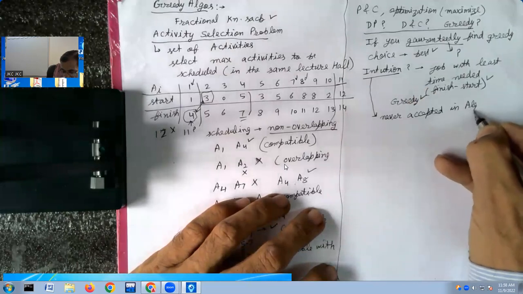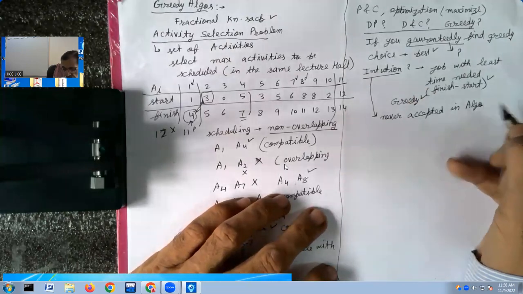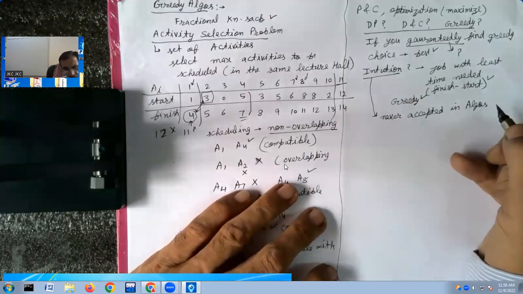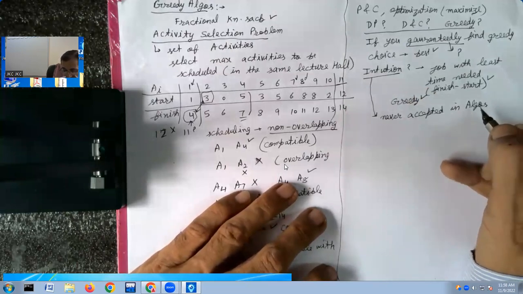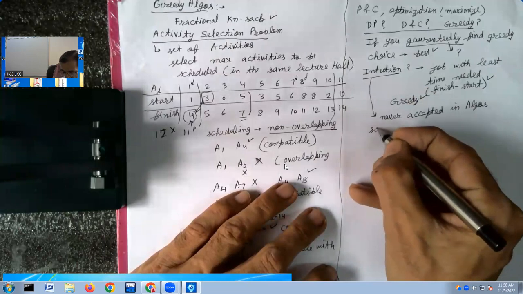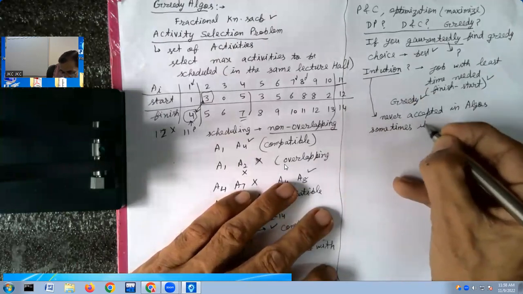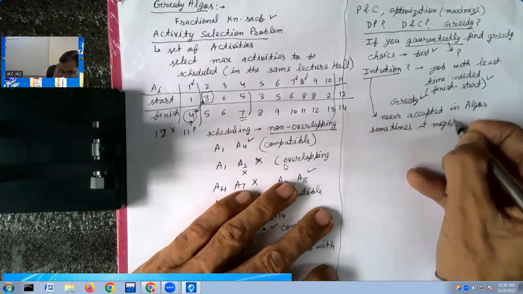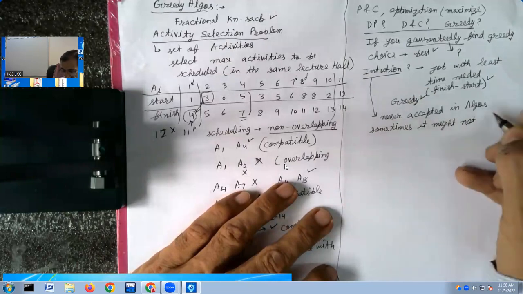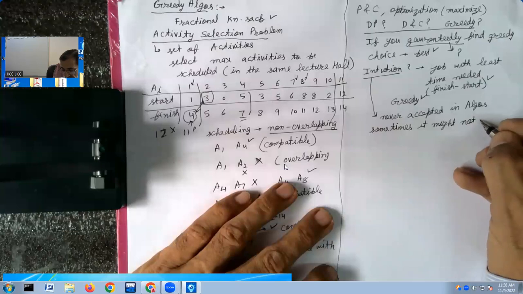Because on the basis of intuition, you take some decisions. In life also, mostly they work, but sometimes they may not work. Sometimes it might not be the best, and if not the best, then the best solution is not being achieved.